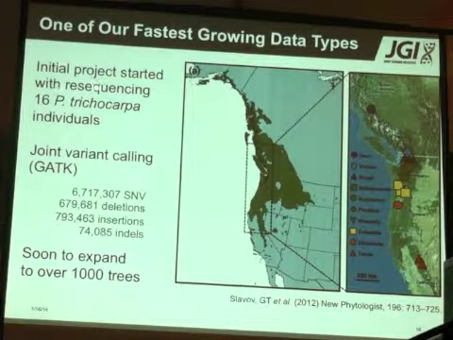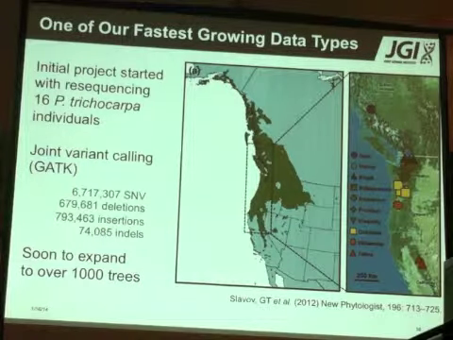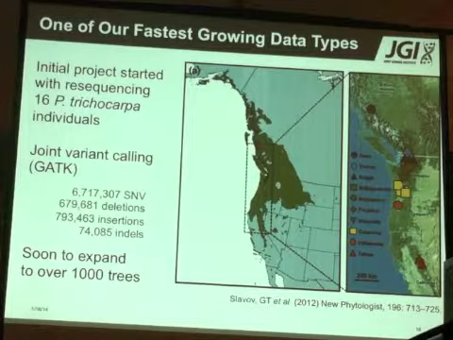And I did mention this as a pilot study. This has been slowly expanding to over 1,000 individuals. And so we have this data up in GBrowse now. However, the only way I was really able to do that at the time was to take the VCF from GATK and convert that into GFF3 and put it in Seq Feature Store.